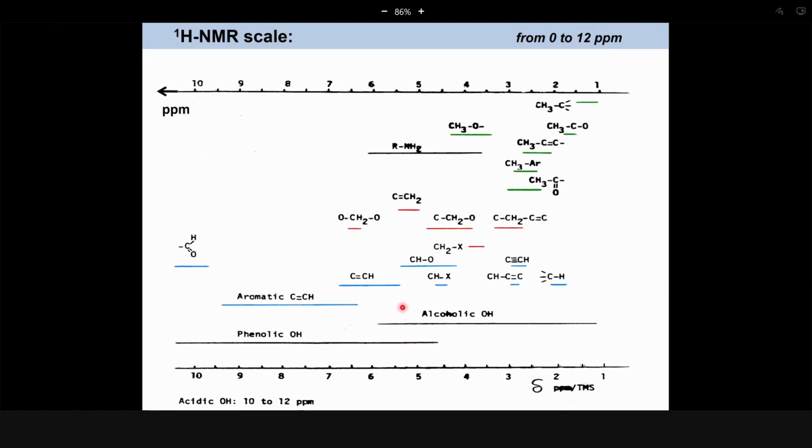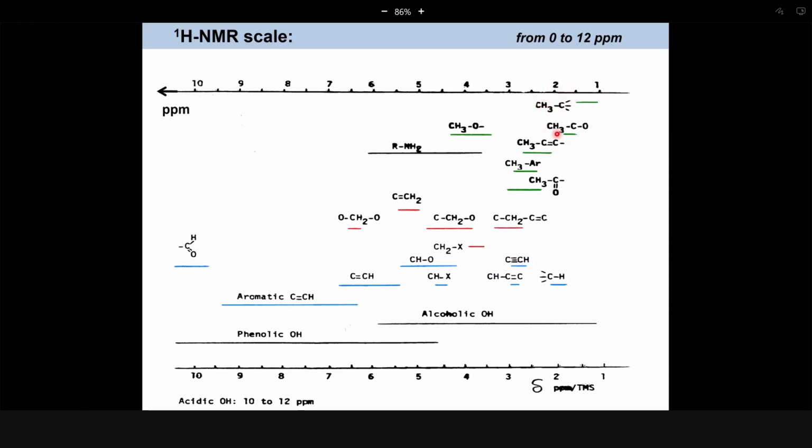So we can use a table with standard values that can give us an idea of the chemical groups in the structure. For example, we can see that the protons of methyl groups always have a frequency of resonance around 1 ppm, if we are in an alkane, something very simple.